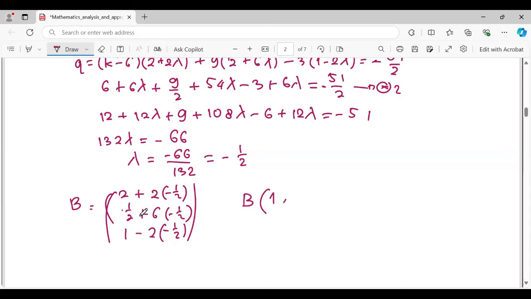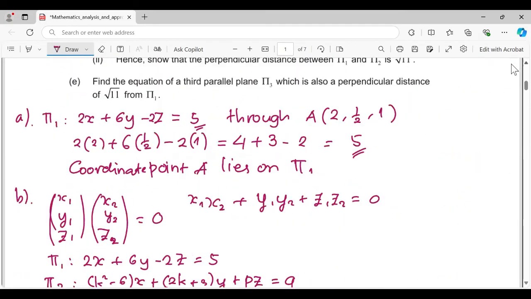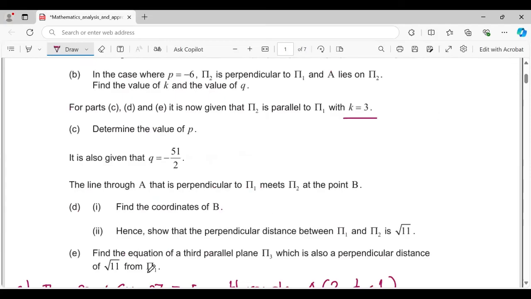And then this calculation minus 3 minus 5 half. Minus 6, yeah. And then 2. That is coordinate point B.